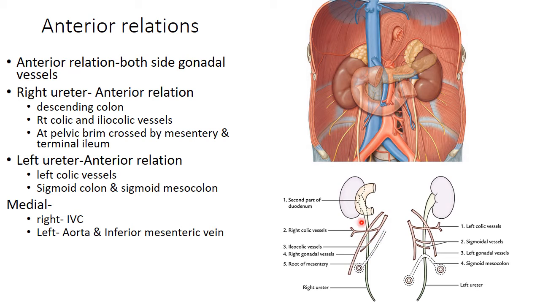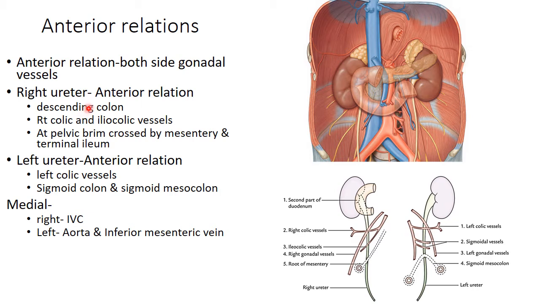So the anterior relations on the right side are the second part of the duodenum, the termination of the second part and beginning of the third part of the duodenum. Then it is related with the gonadal vessels, then ileocolic vessels, and then the root of the mesentery.